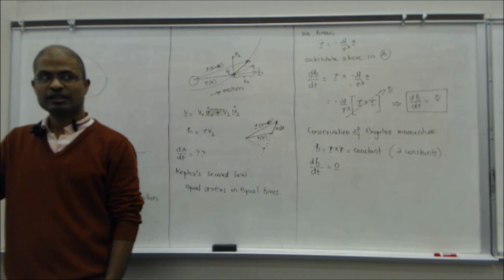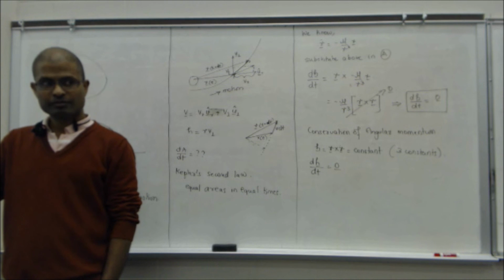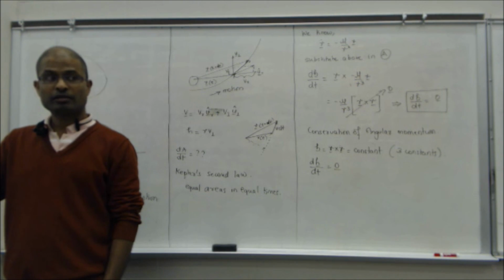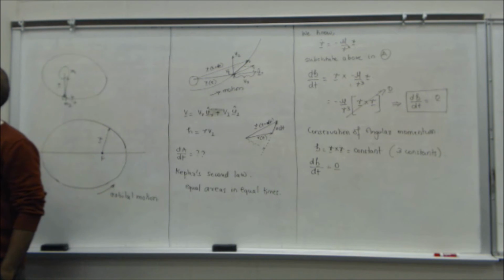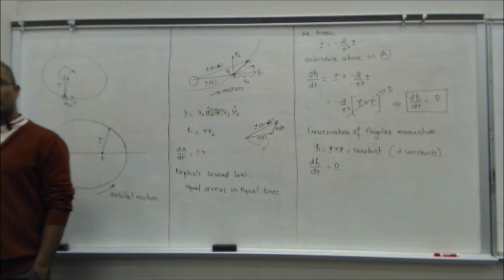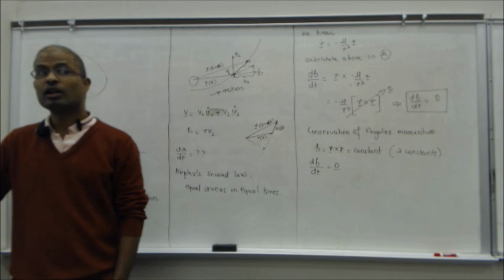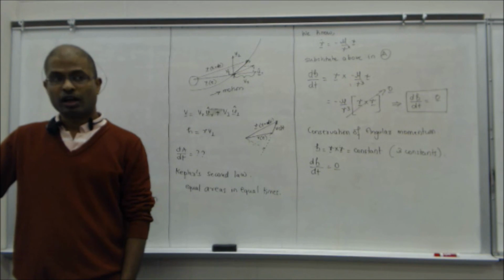Anybody else? Why? To make up for that, see, how do you calculate? Think about this as a triangle, right? So what is the area of a triangle? Half base times height, right?